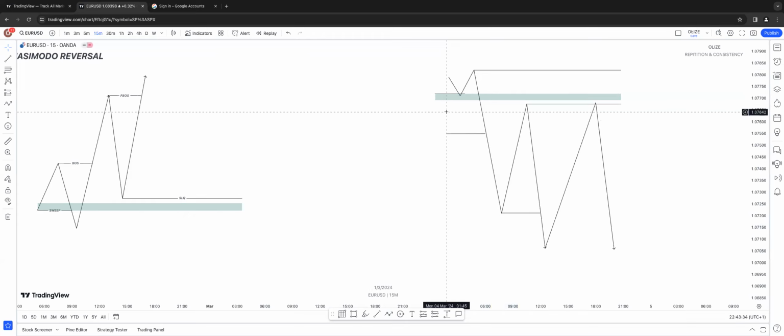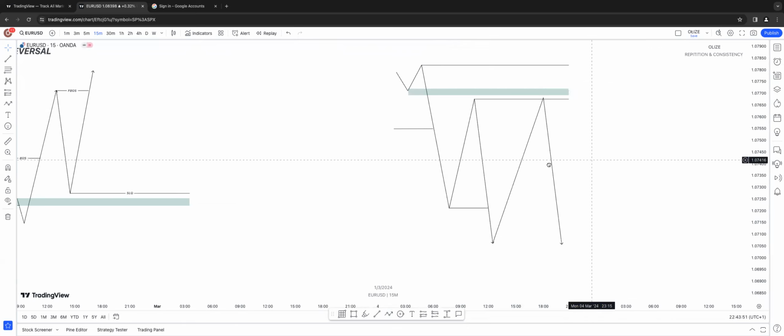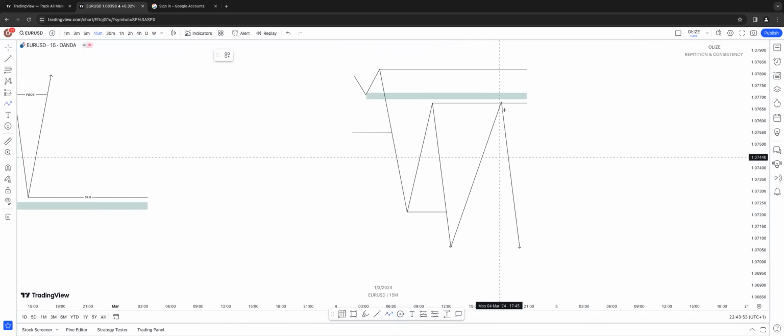But if you're making use of your breaker block as your entry model for your POI, it needs to have an inducement for it to be valid in your trading range. So a breaker block without an inducement is the one created here.